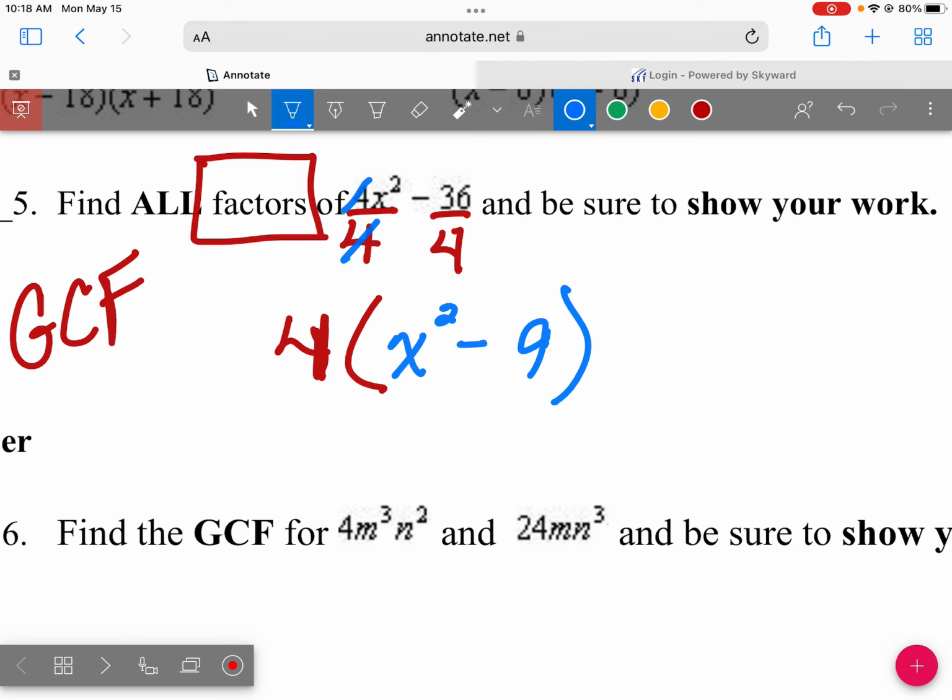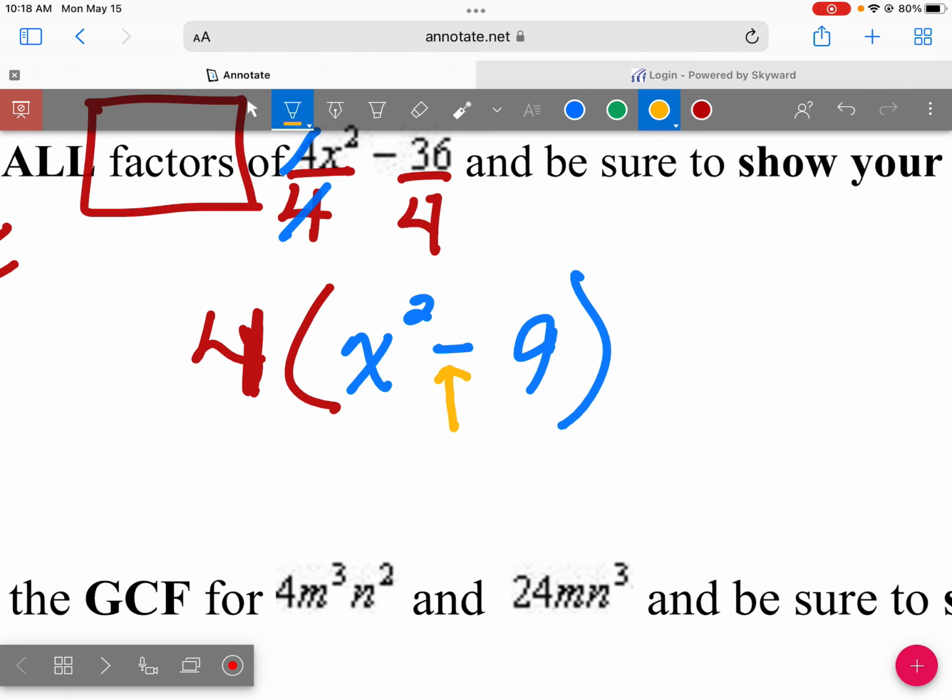Now, looking at this goes with a couple of things that are at the top because we are not quite done. This is a difference, meaning we are subtracting, of 2 squares. So x squared is definitely a square, and 9 is a perfect square.